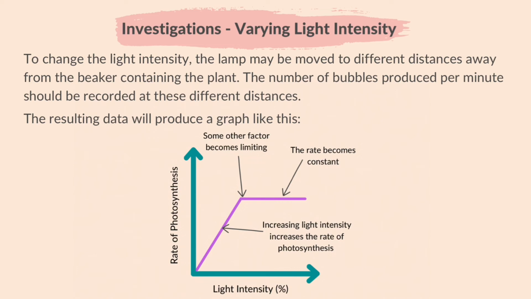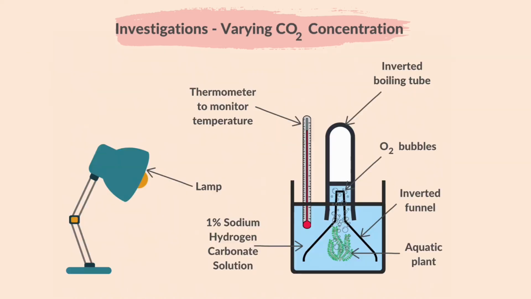However, at one point, the rate of photosynthesis stops increasing. This means that even with a stronger light intensity, there may be some other factor limiting the rate of photosynthesis. This limiting factor may be either not enough carbon dioxide, or temperature not being high enough.